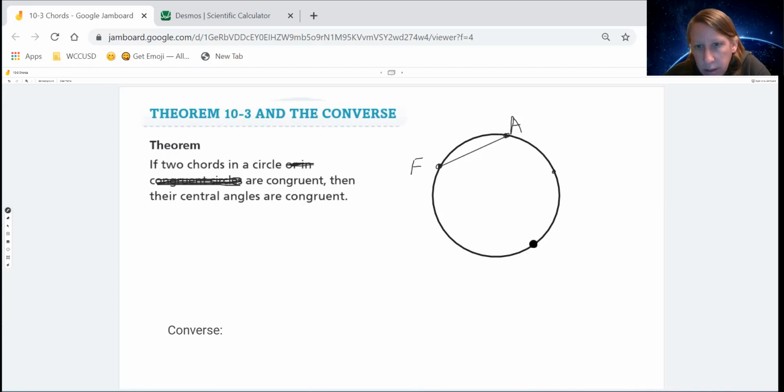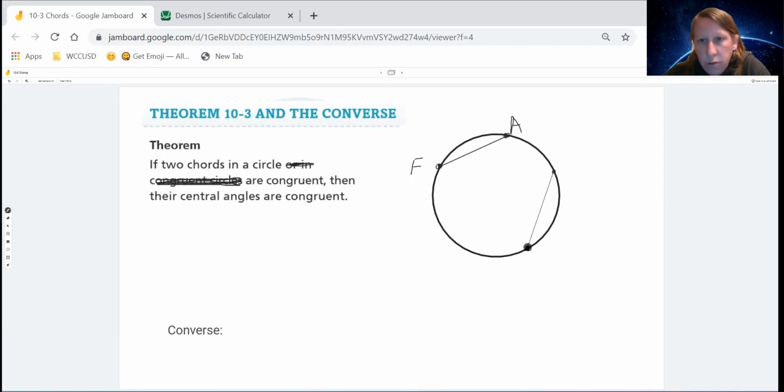Does that look congruent to you? It's easy to have an optical illusion here, so I'll make it a little bit longer.